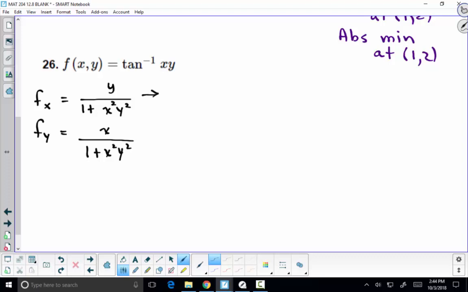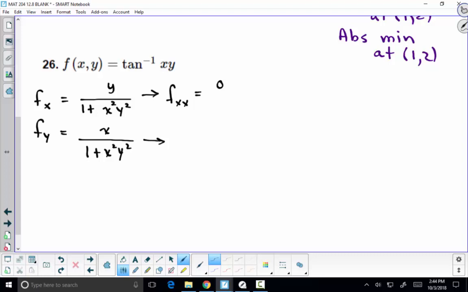So let's go with the second ones. Partialing the upper one with respect to x, what is low partial high? Bottom and then 0, the partial of the numerator with respect to x.